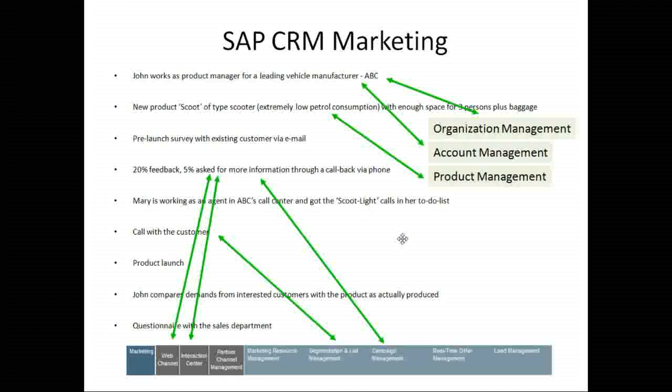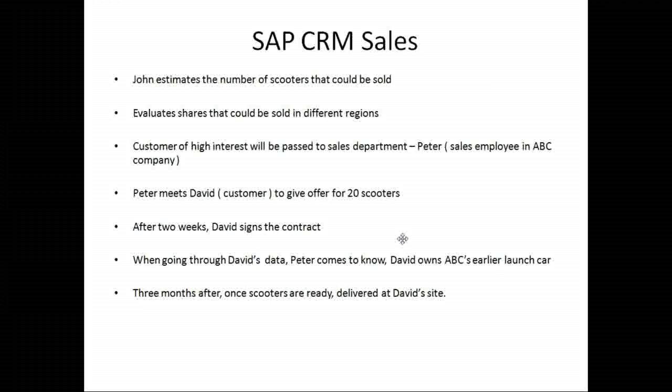So these details, the result of the campaign, will be maintained under campaign management, and this campaign management will also contain the details about where the campaign is managed to be used, in what channels. So it will comprise the complete details about this campaign. This is how SAP CRM supports the business scenario of marketing.